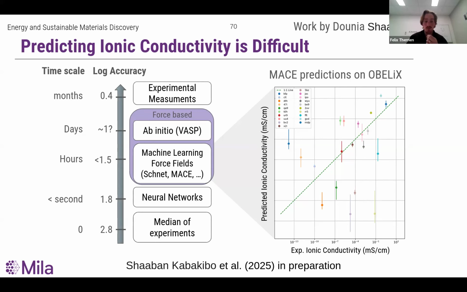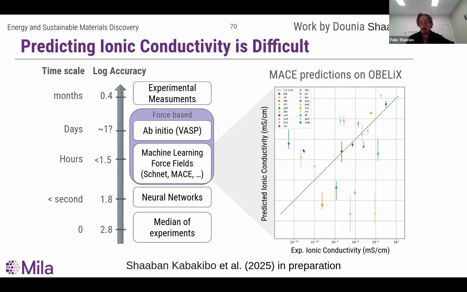The other alternative is to use machine learning force fields to do the molecular dynamics. And this is what Dunia, my intern, is working on. Here you can see a parity plot. This is using the MACE foundation model to make ionic conductivity predictions. This is the expected one on the x-axis and the predicted one on the y-axis. You can see that for some materials it works sort of well, but the error is quite large.